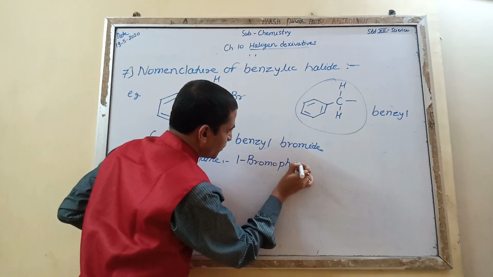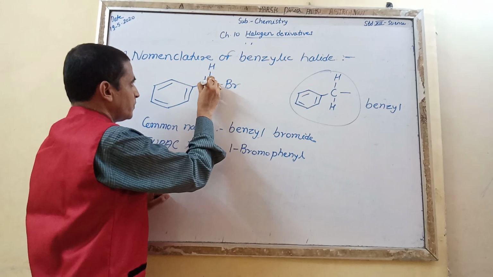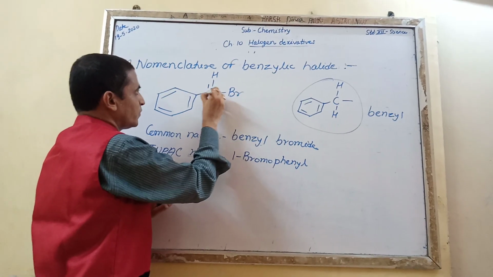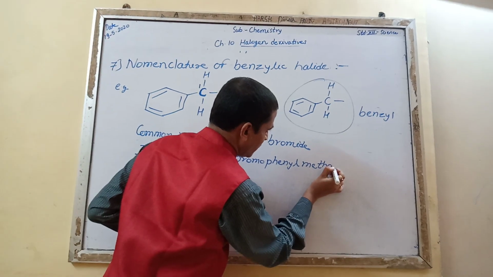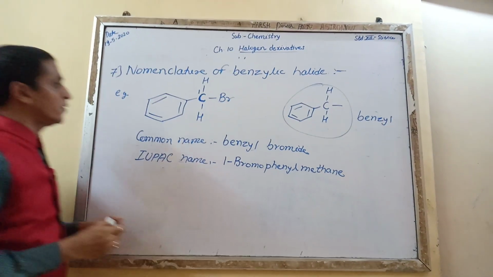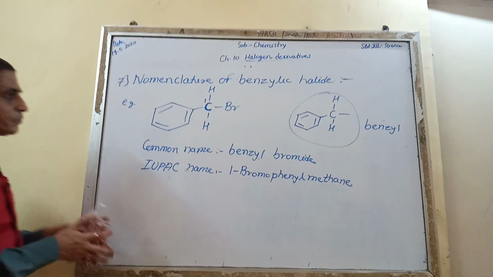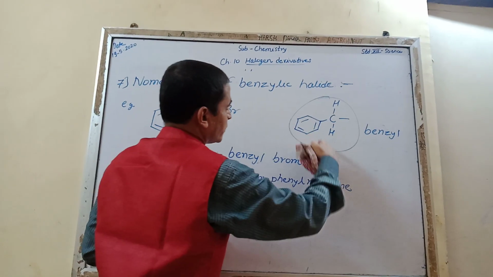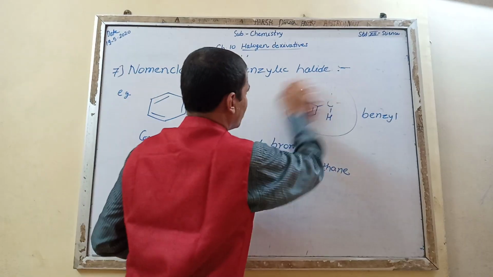Substituent is what? Phenyl. 1-bromo-1-phenyl, and this carbon atom, there is only one carbon atom, so it is what? Methane. So you get 1-bromo-1-phenylmethane. Okay, this is about nomenclature of benzylic halides. Remember this, CH2 group attached to an aromatic ring is called as what? Benzyl.